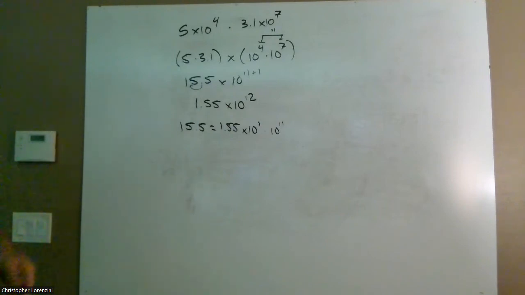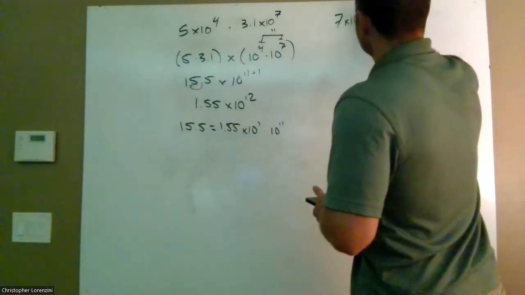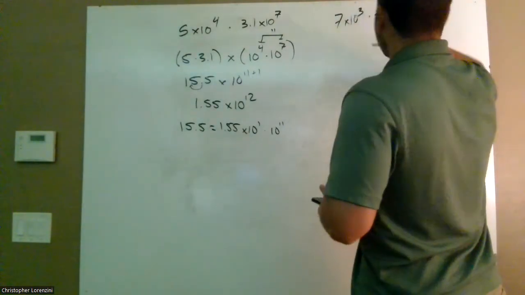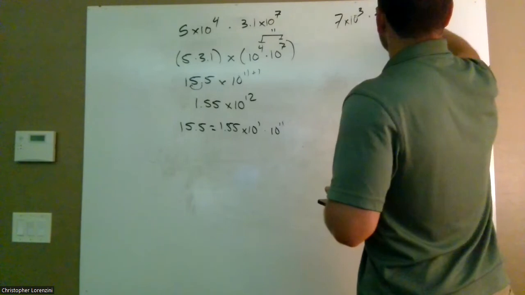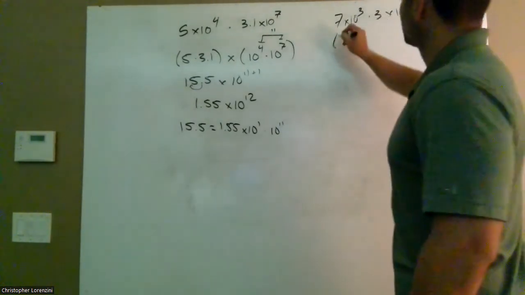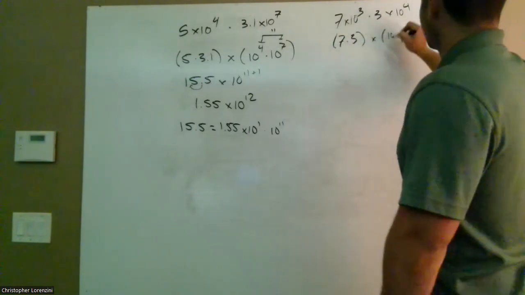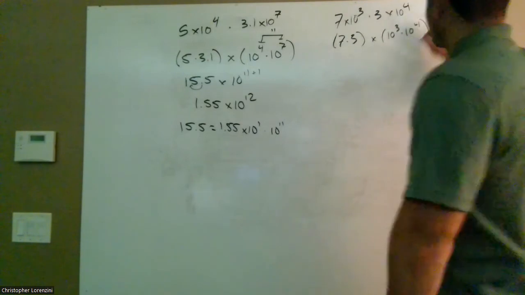So let's do one more case with that. 7 times 10 to the 3rd multiplied by 3 times 10 to the 4th. Simple example here. Multiply my numbers out front, 7 times 3. Multiply my powers of 10.